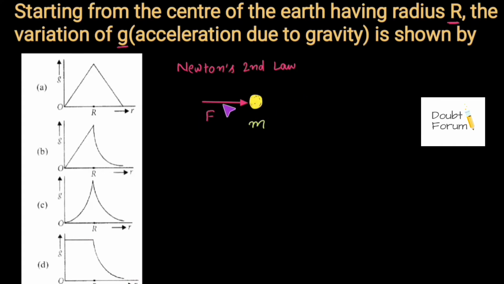The magnitude of acceleration, which is represented by letter a, will be equal to the force applied on this object. Also remember that the force I am talking about here is the net force.